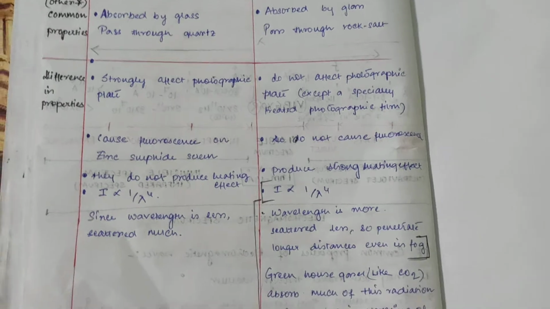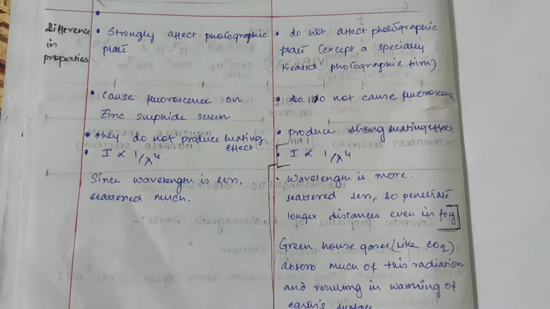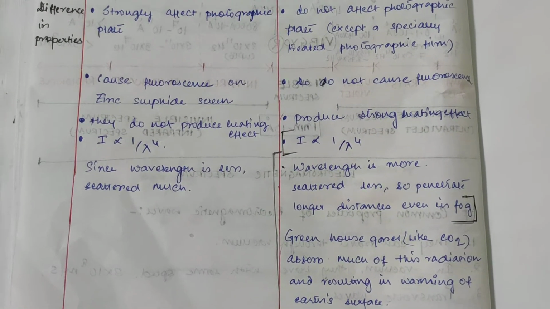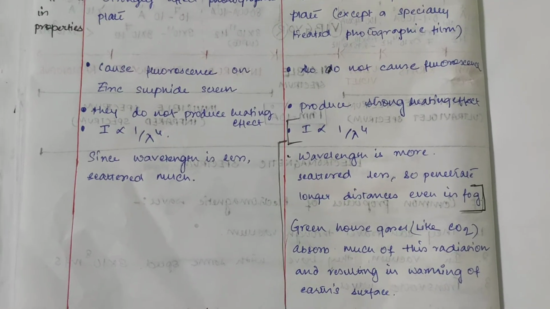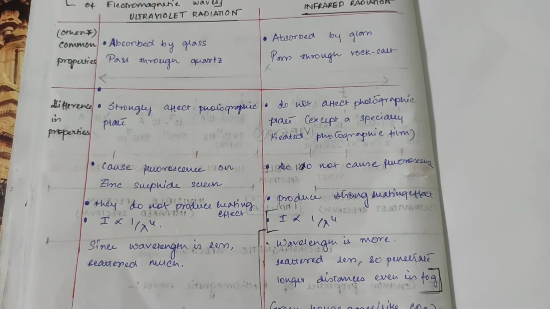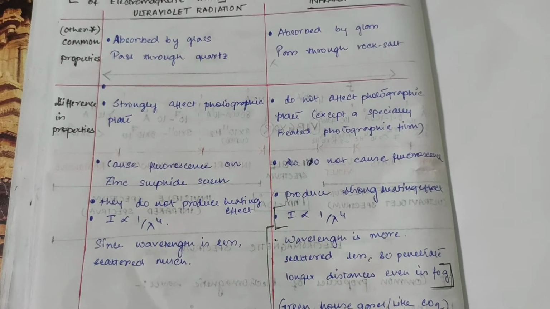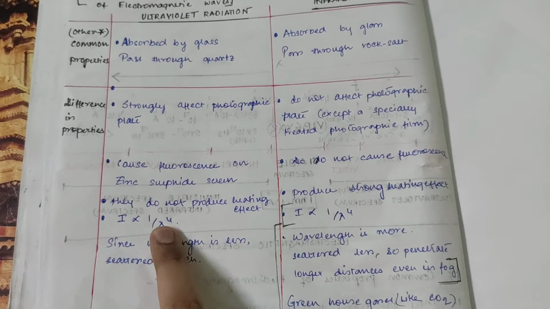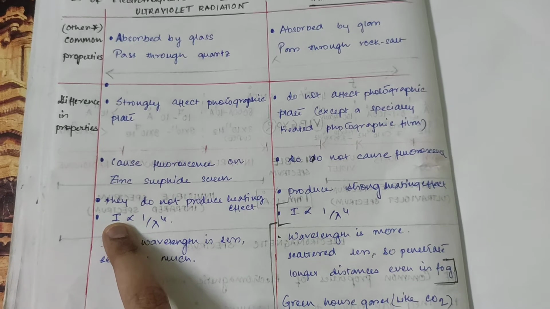Now, the next point. We have learned already in chapter 6c that the intensity of scattering is inversely proportional to the fourth power of wavelength. So, ultraviolet has a lesser wavelength. If wavelength is less, that means intensity of scattering will be high.